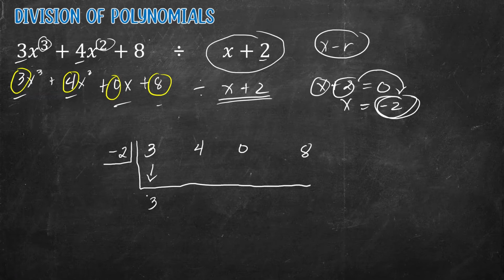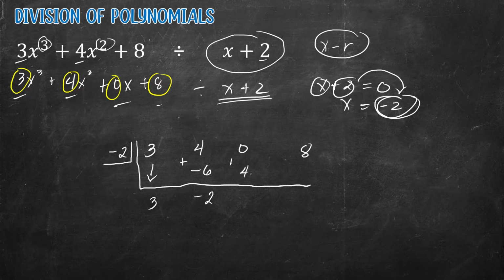And then we will multiply 3 by negative 2. 3 by negative 2, it will become what? Negative 6. And then, i-add lang natin si 4 at si negative 6. 4 plus negative 6 is negative 2. Negative 2, same process ulit. Negative 2 times negative 2 is positive 4.